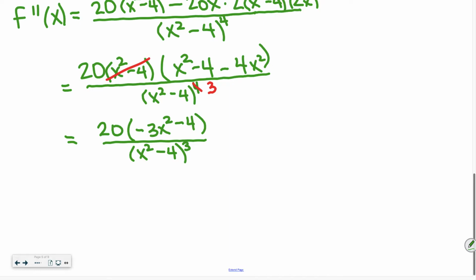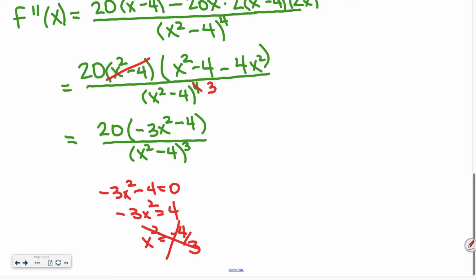I don't really care. But what happens when you try to set this equal to 0? Okay, so it doesn't equal 0.